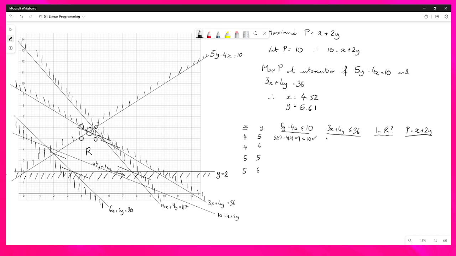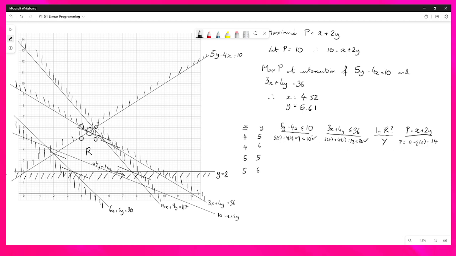We need to test it in the next one. So we can see we've got 3 times 4 plus 4 times 5. 12 plus 20 is 32, which is less than 36. So this point is in the feasible region, so we can calculate our value of p. And we get 14.